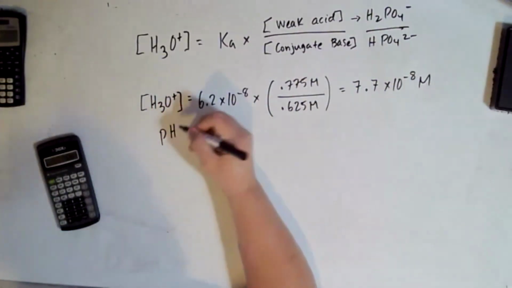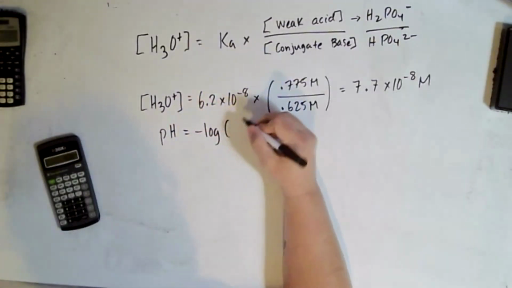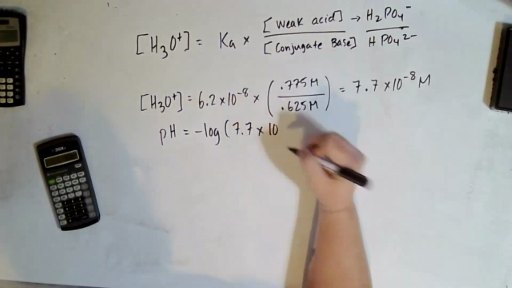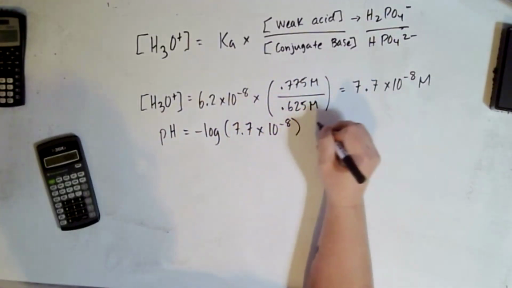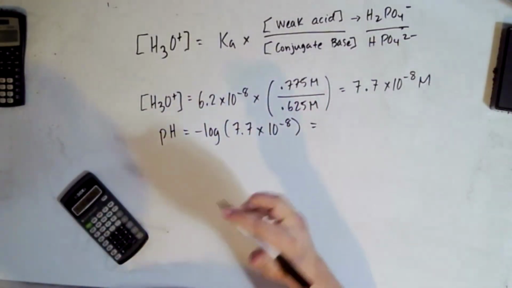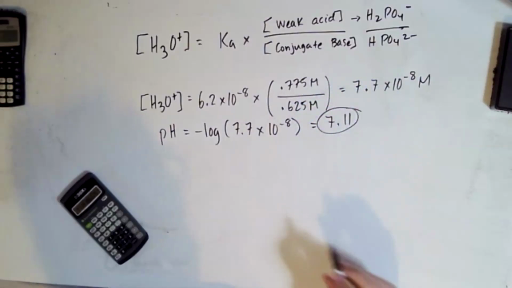From there, we're going to find our pH. Negative log of 7.7 times 10 to the negative 8, 7.11. That's our pH here.